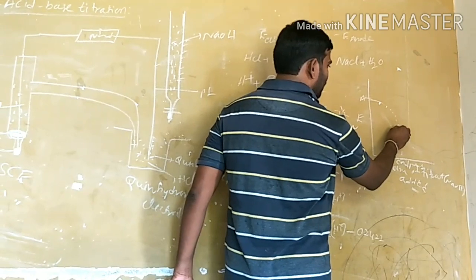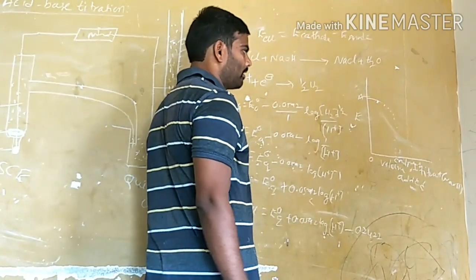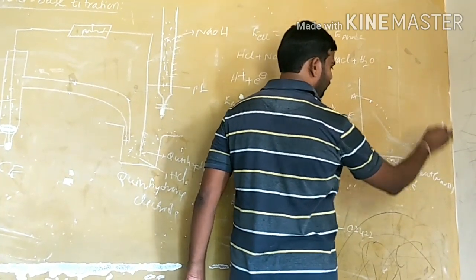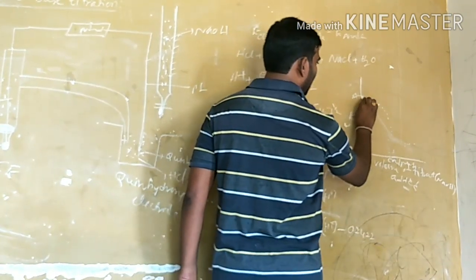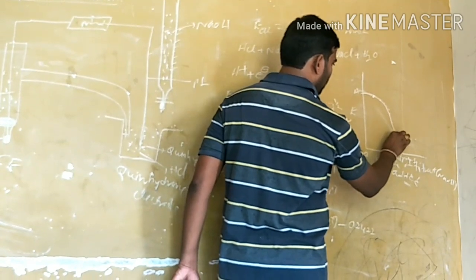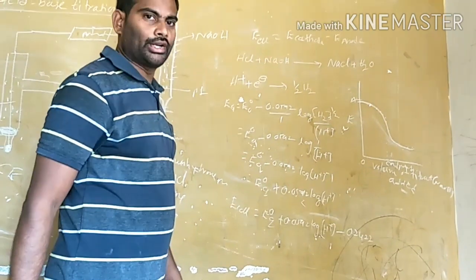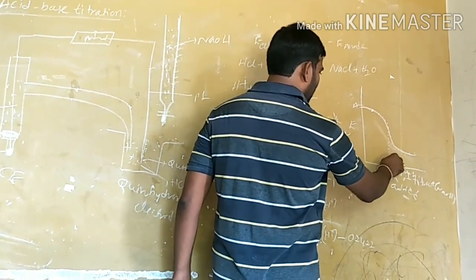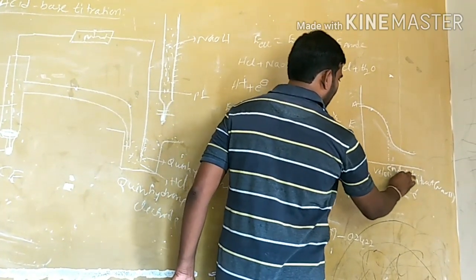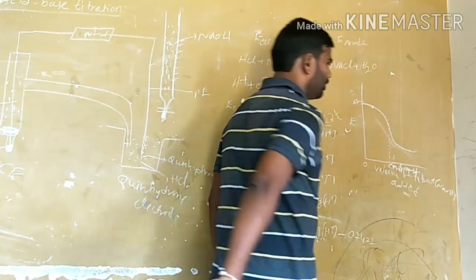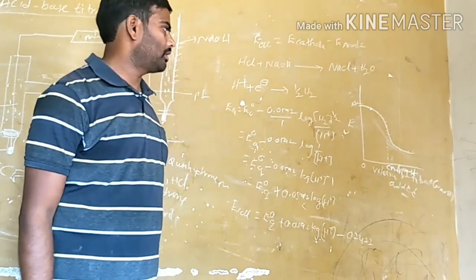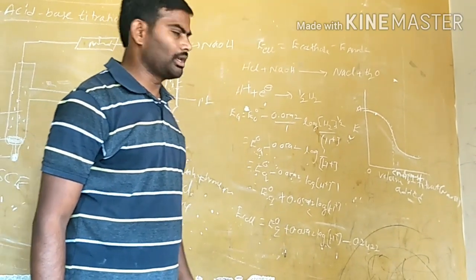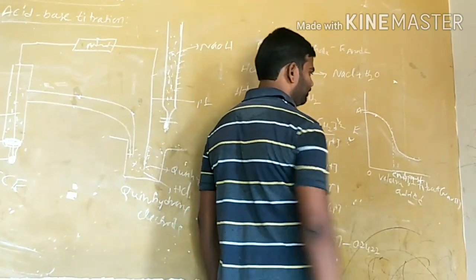After the complete neutralization of these H plus ions, there is a sharp change in the potential value. With this we get a sigmoidal curve in the case of acid base titrations. A sharp change in the potential, that is the EMF, gives the end point.